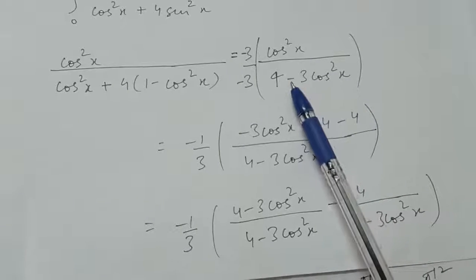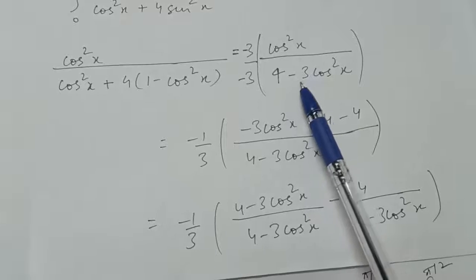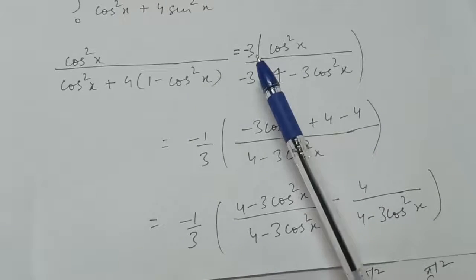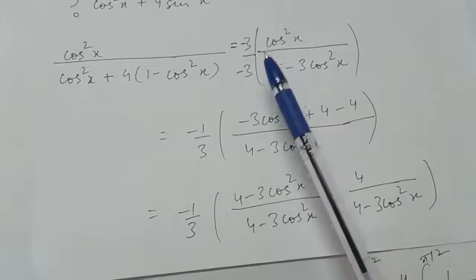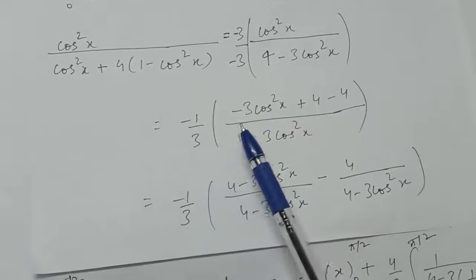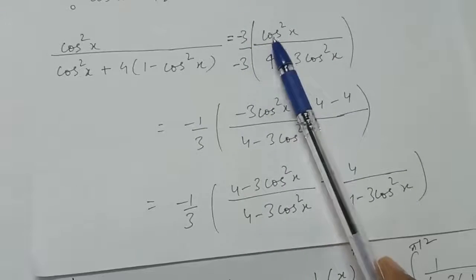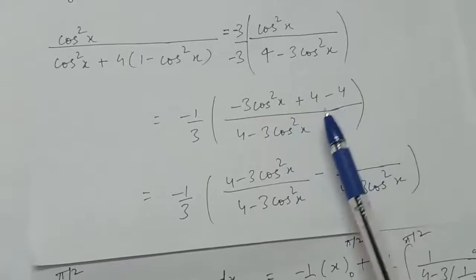Now multiply and divide this function by minus 3. Why? Because here you can see it is minus 3 cos square x. Therefore make this numerator also minus 3 cos square x, right? Now this minus 3 in the denominator stays as it is, and multiply this minus 3 with cos square x, and also add and subtract 4.